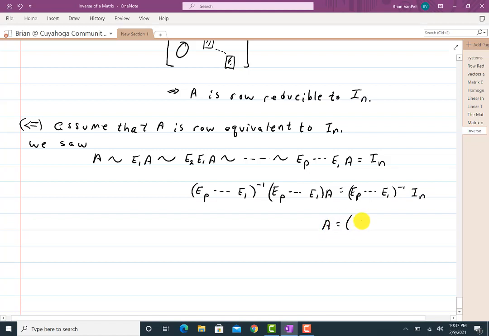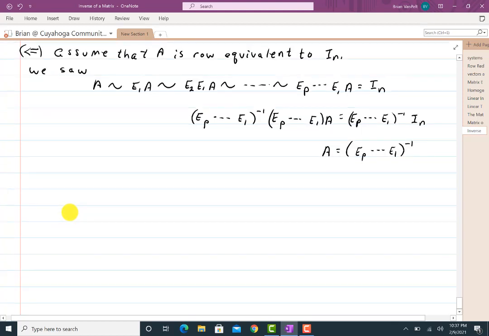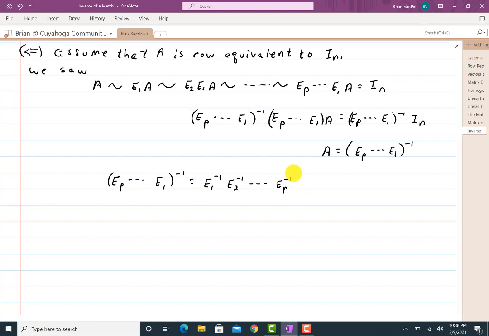So we get A equals E_p dot dot dot down to E1 inverse. And in fact, we know that the product is invertible because the inverse of this particular matrix, if you multiply it out, is the following: E1 inverse, E2 inverse. The inverse is in reverse. So we already knew that the product was going to be invertible, and we already knew that the inverse of a product is the product of the inverses.